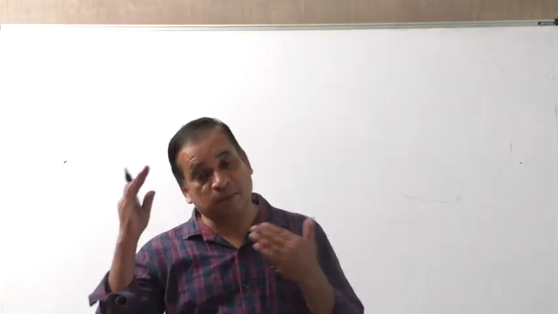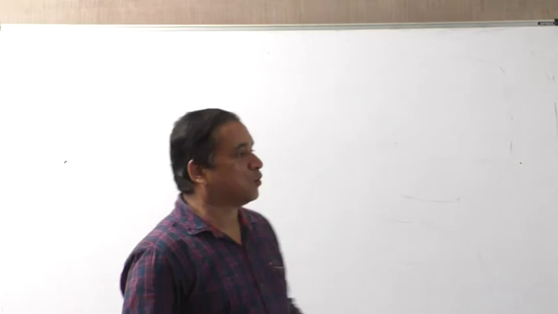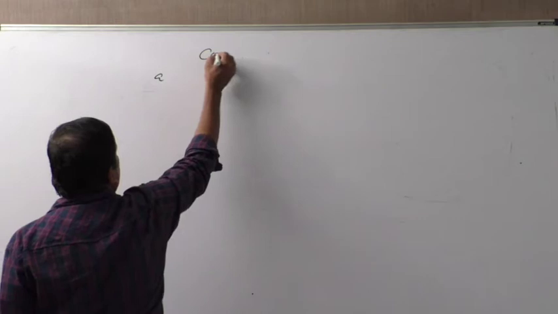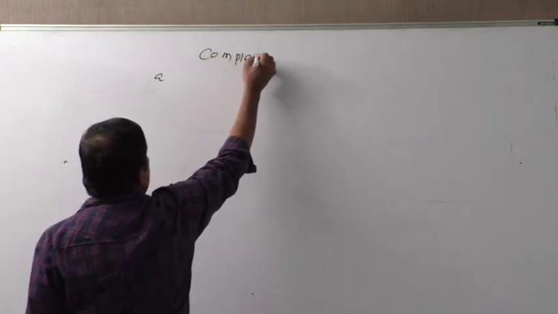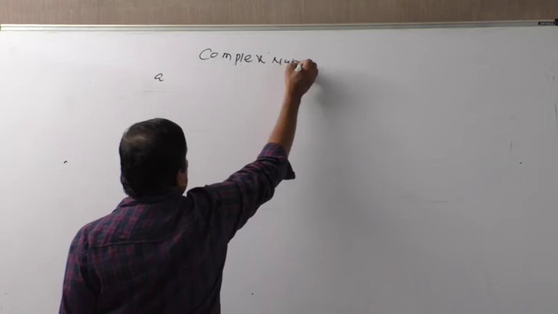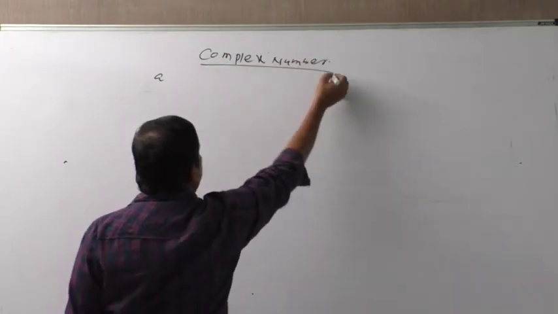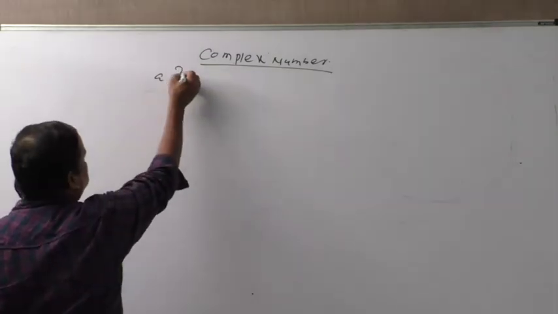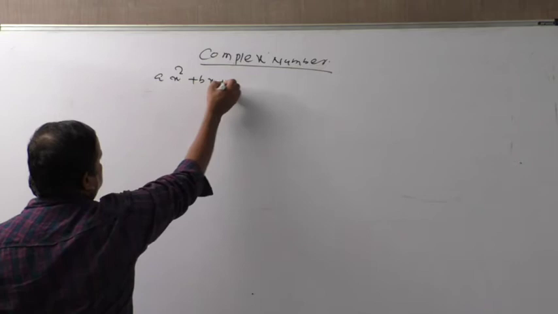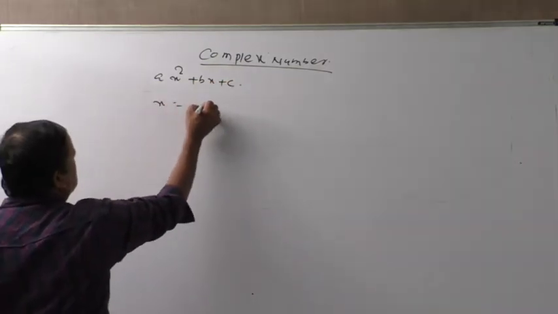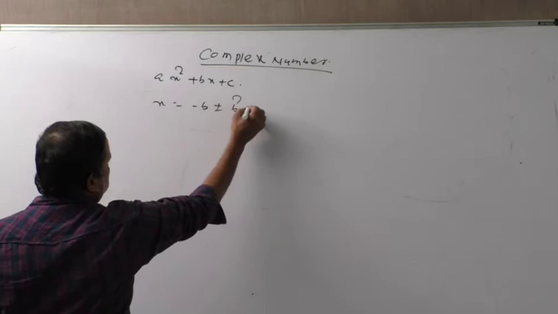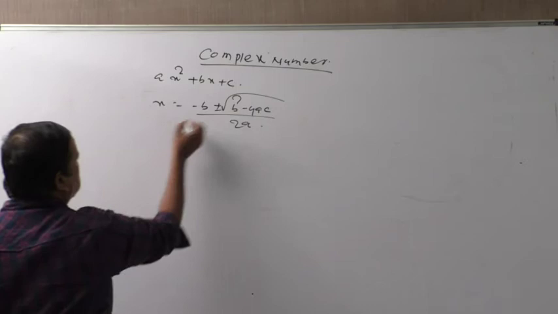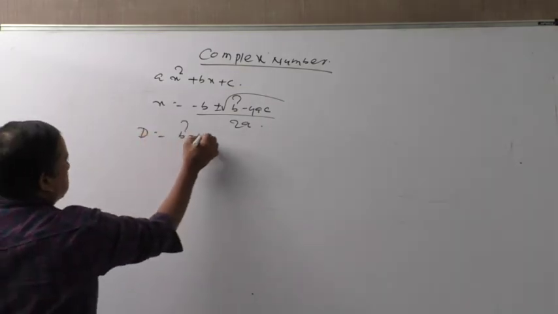We know that from the 10th we have the quadratic equation. Today's heading is complex number. If we have a quadratic equation ax square plus bx plus c, then x is minus b plus or minus the square root of b square minus 4ac, over 2a, and here the discriminant D is b square minus 4ac.